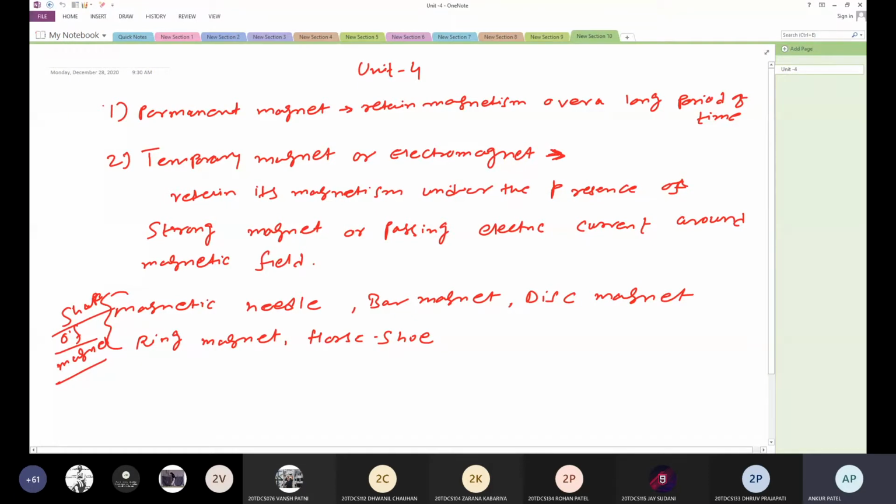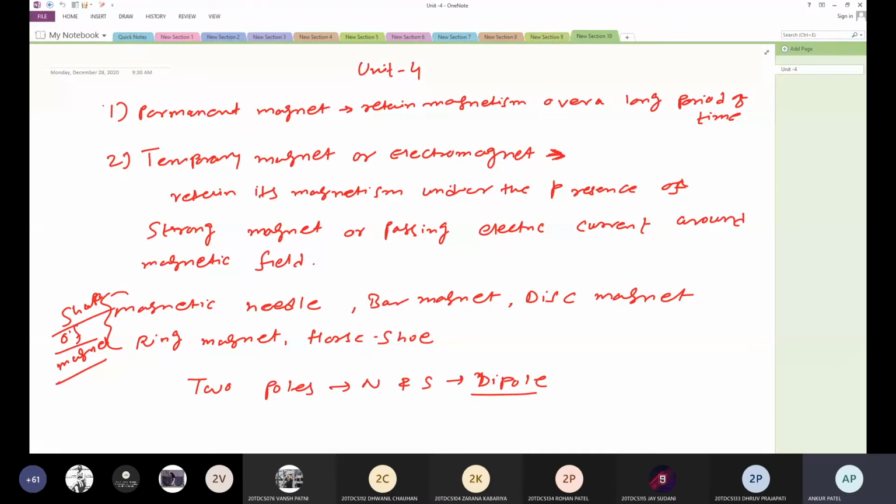There are some properties of magnets. Every magnet has two poles, called N and S, north and south, so it is also called a dipole. The magnet always aligns itself in the north-south direction.